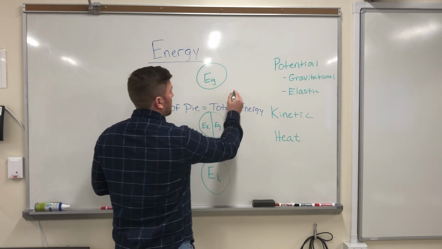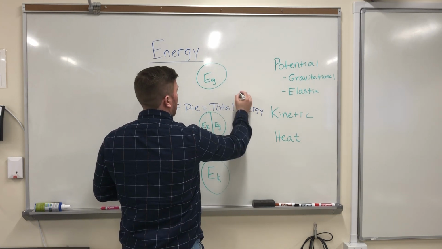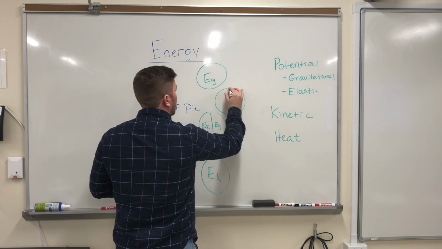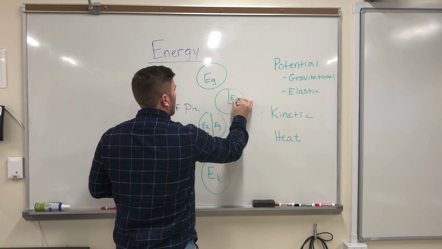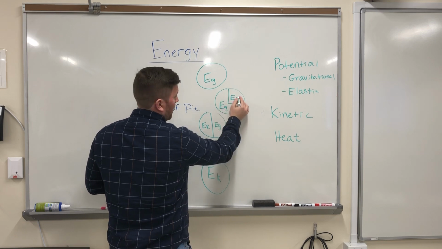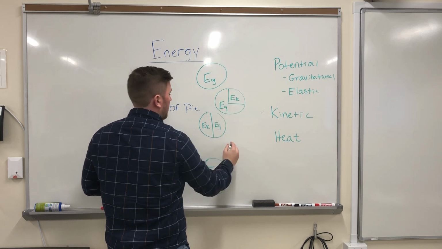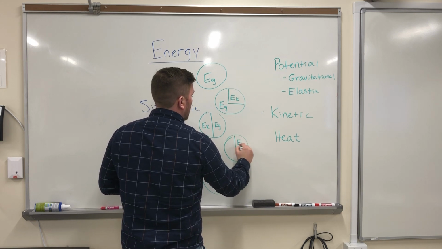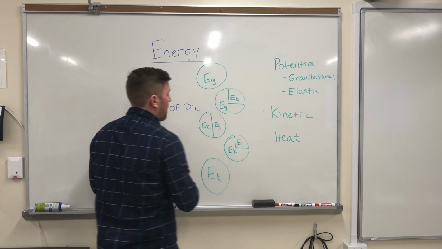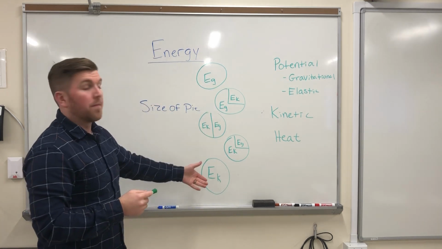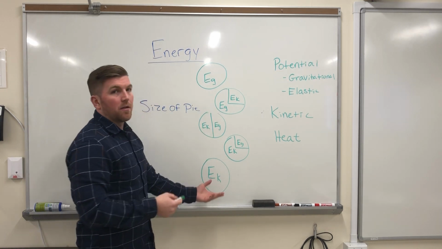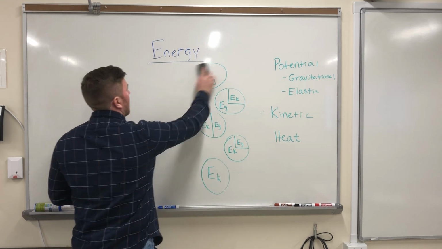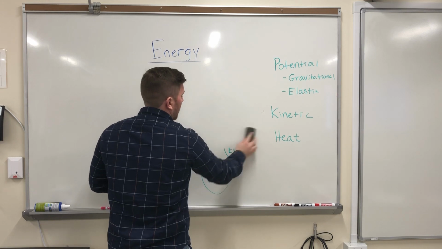And then perhaps at the 3/4 mark, I have again a pie of the same size, with kinetic energy taking up 1/4, and then when I'm 3/4 of the way down, most of that has now become kinetic energy as it goes towards the bottom. And then right before it hits the ground, it's all kinetic, it's moving as fast as it's going to go, it's at a maximum velocity. So we can represent energy that way.